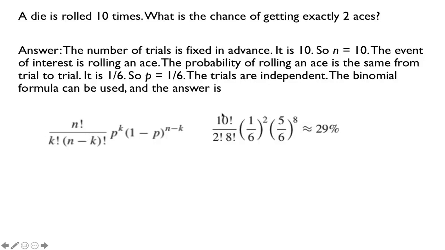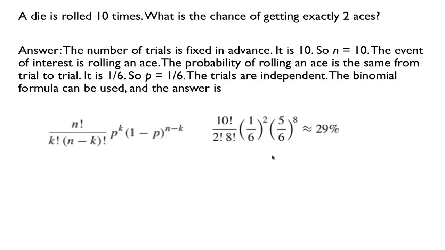K is 2 because we want to get 2 aces, and because the probability of getting an ace is 1 out of 6, we need to raise 1 over 6 to the second power. And then the probability of not getting an ace is 5 out of 6, so that's the 1 minus p part. Because we get exactly 2 aces, the other 8 times we must get something that's not an ace. That's why it's 5 out of 6 to the 8th power.